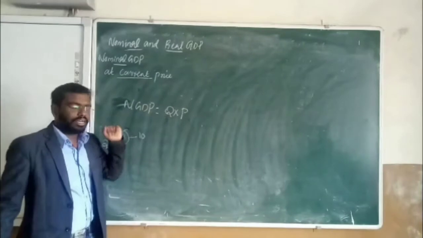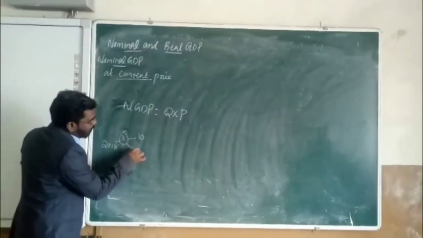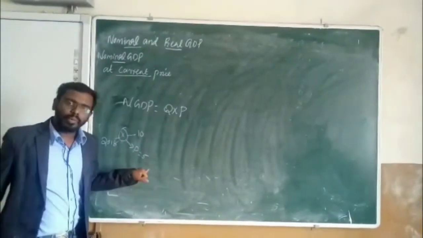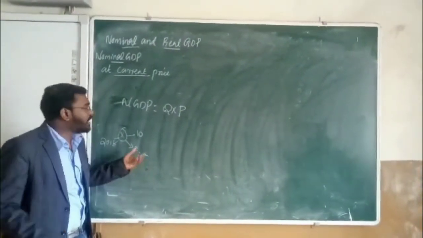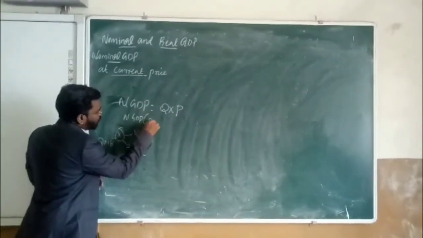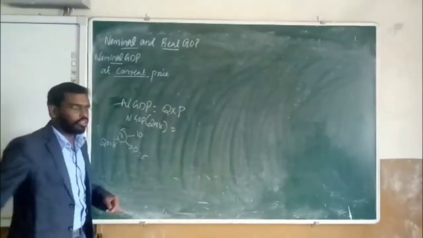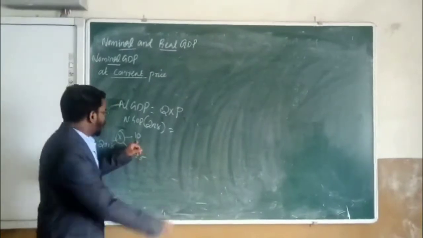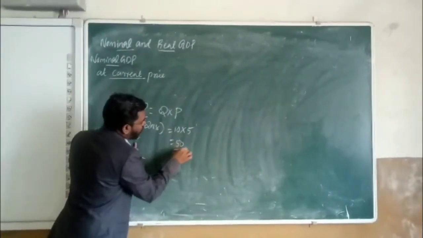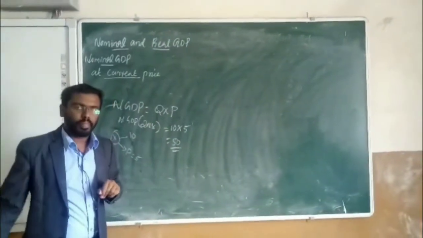So Q is 10 and the price of this commodity is 5. Now we can easily calculate nominal GDP. Nominal GDP of 2018 is equal to Q into P. Q is 10 and P is 5, 10 into 5, that is equal to 50.